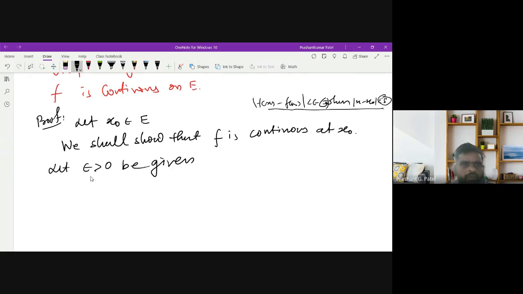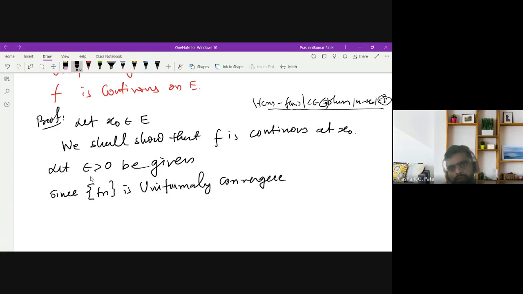So epsilon is given, and given that fn is uniformly convergent and each of the fn's is continuous, we have to use both these conditions. Since the sequence fn converges uniformly to f, there exists n0 belonging to N such that mod of fn of x minus f of x is less than epsilon.